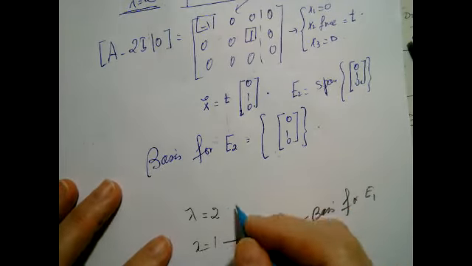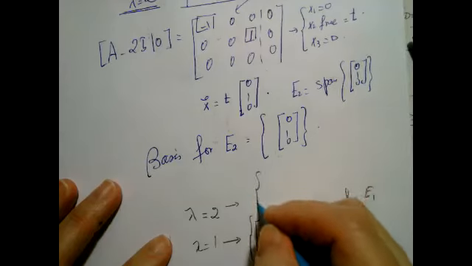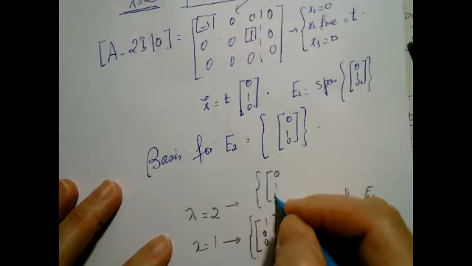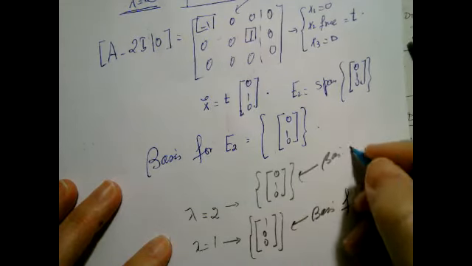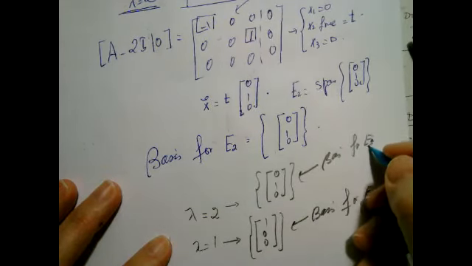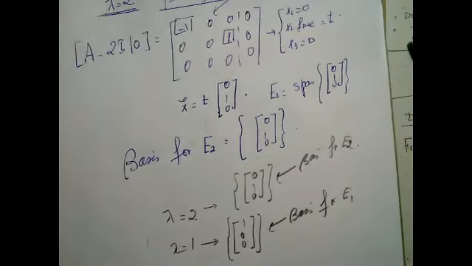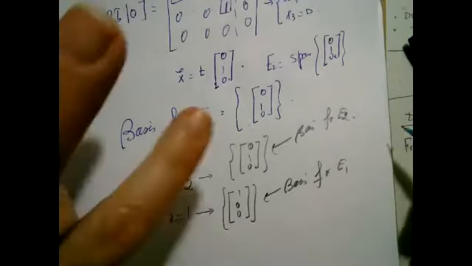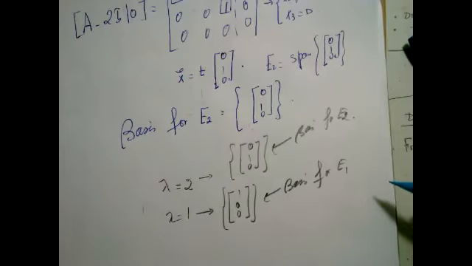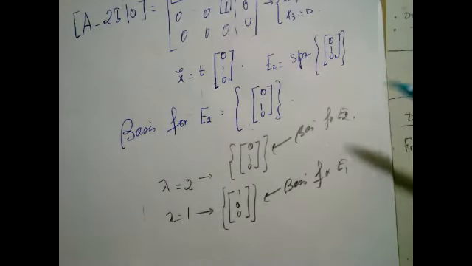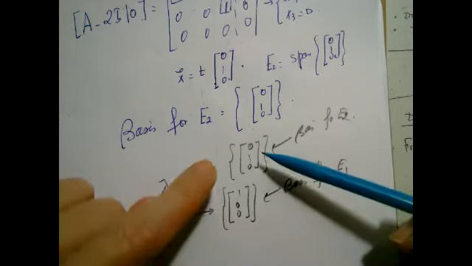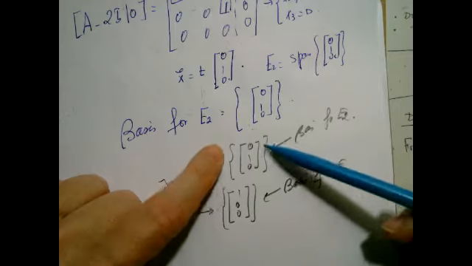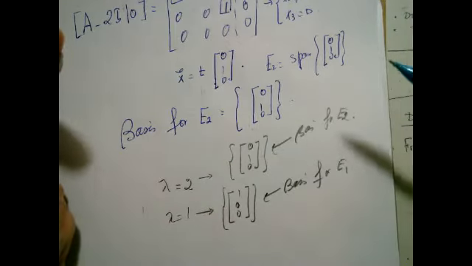For lambda equal to 2, every eigenvector is a scalar multiple of the other. For my matrix to be diagonalizable, I need 3 linearly independent eigenvectors. But can I get 3 in this picture? Every eigenvector is a scalar multiple of one or the other. So I don't have a third one to work with.